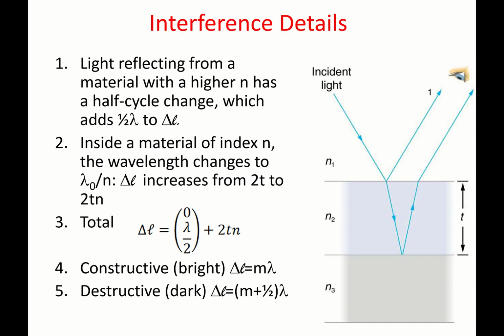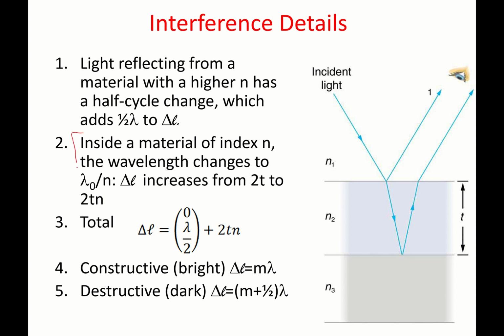So when we have light hitting a thin film and reflecting back, we have a bunch of different things happening. The light that reflects from the material, if it's got a higher index of refraction, will have a phase change.